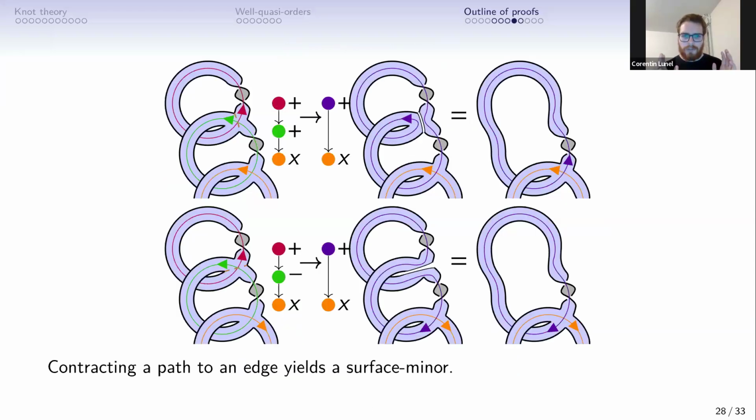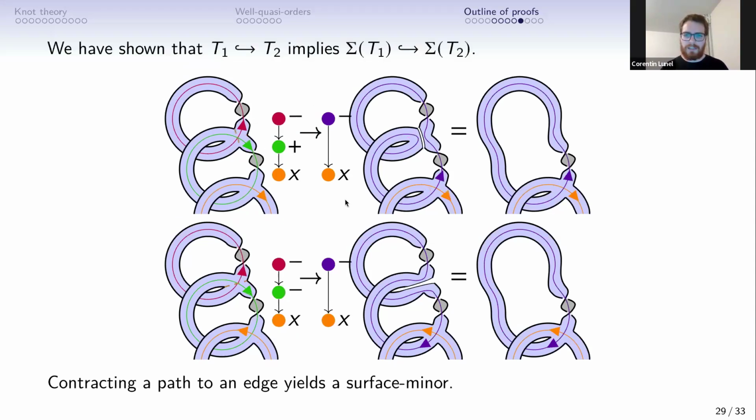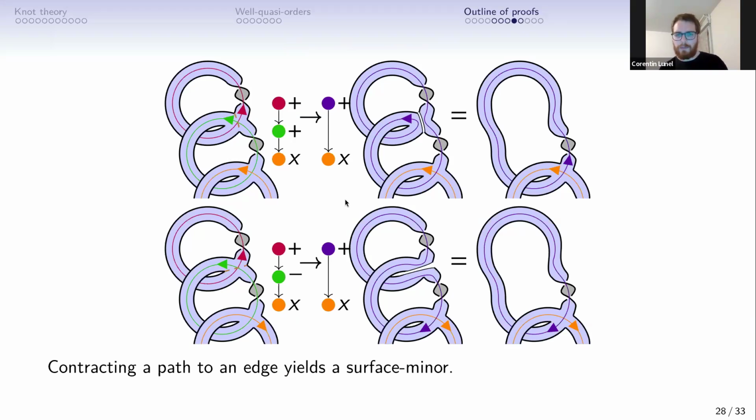And so how does the proof work for contracting a path to an edge? Again, the pictures are a bit complex, but the point is that if you want to prove that this path can be contracted to this one, and that this behaves nicely with respect to the surfaces associated to the tree, we prove that we can realize this edge contraction in trees by a cut in the surfaces.